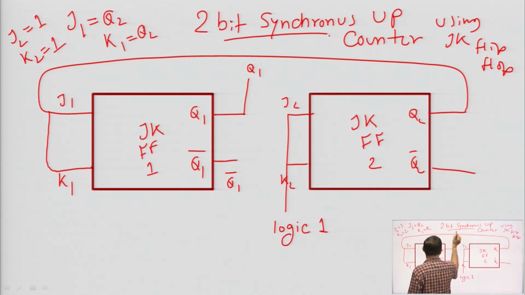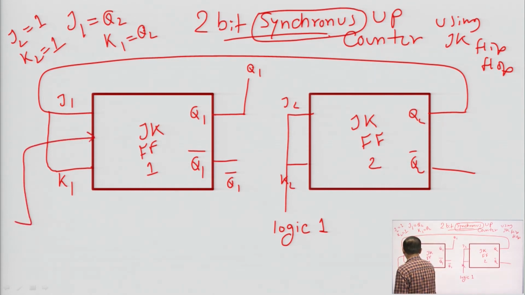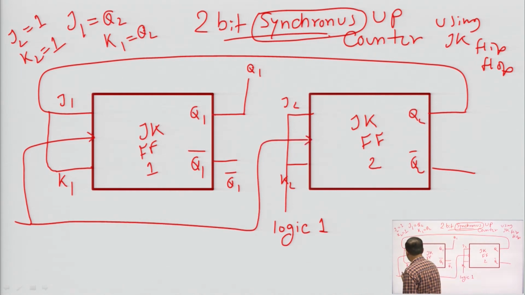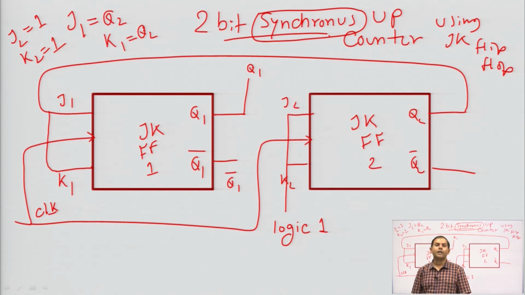This is synchronous, so the same clock pulse is given at the same time to both the flip flops. This is the final diagram for the 2-bit synchronous up counter.